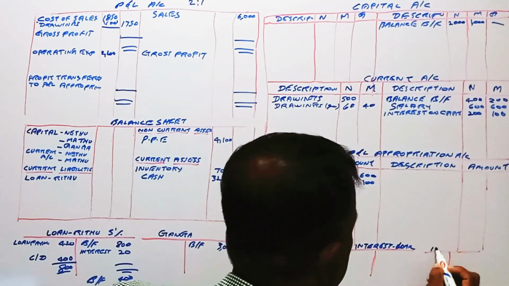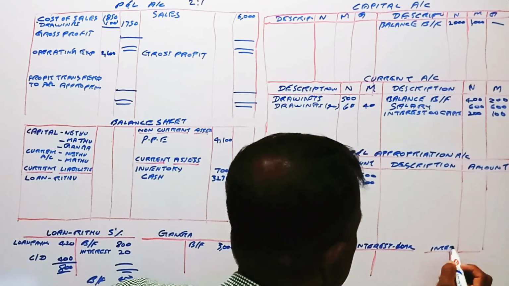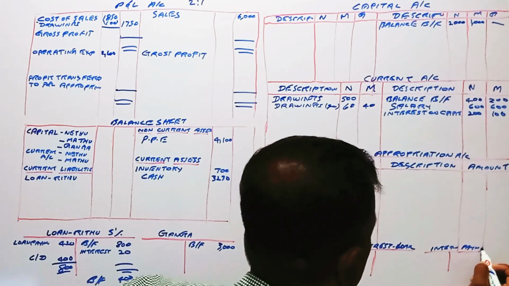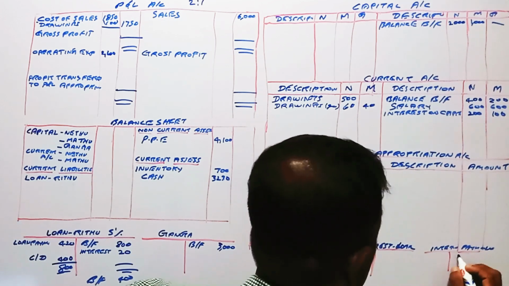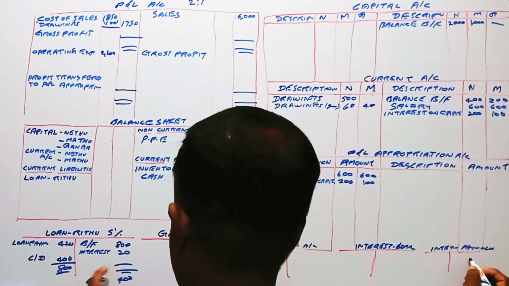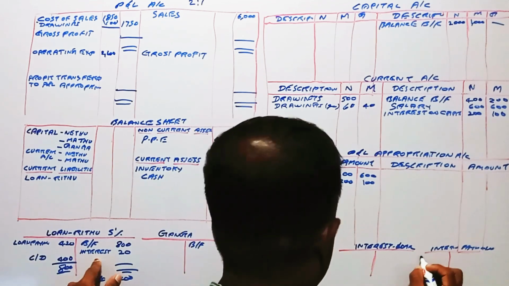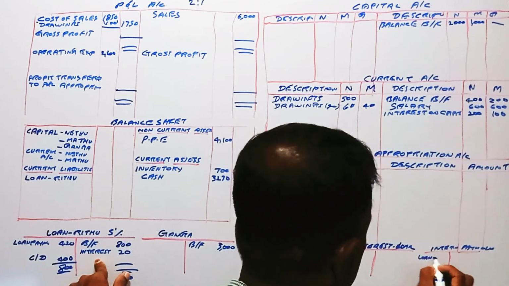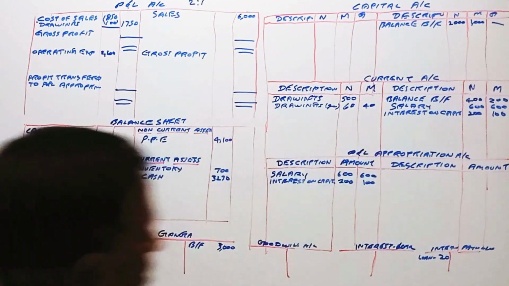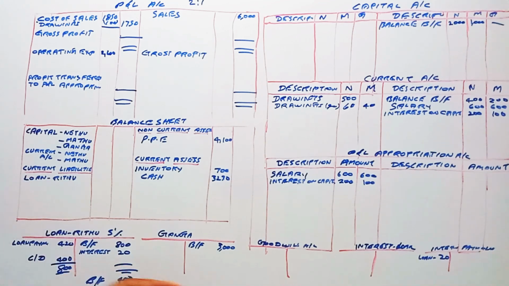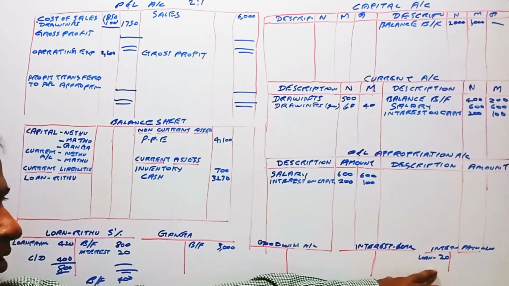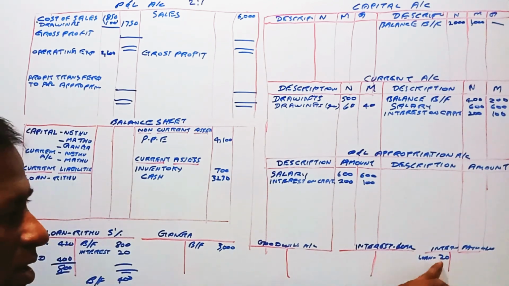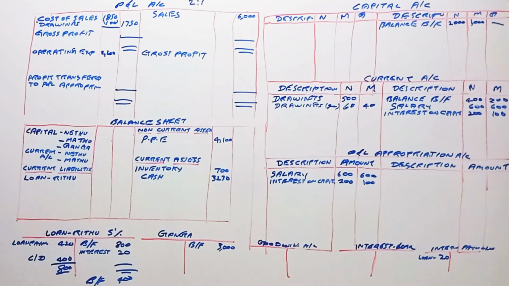So I am going to transfer this to the interest payable account. In the loan interest payable account, 20 is credited here and debited to interest payable. I have removed this 20 and transferred it to the interest payable account.